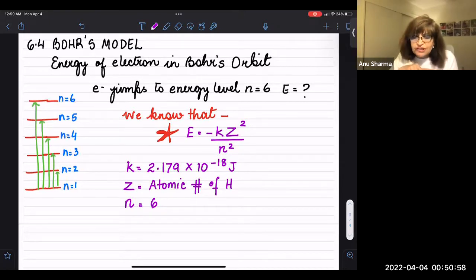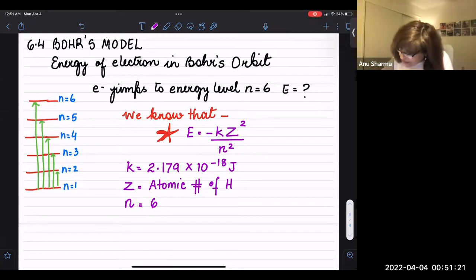K is a constant and has a value of 2.179 times 10 to the power negative 18 joules. Z stands for the atomic number, and Bohr's model is good only for the hydrogen atom. So we look at Z as the atomic number of hydrogen, and N is whatever energy level it has jumped to. So in this case, N is equal to 6.